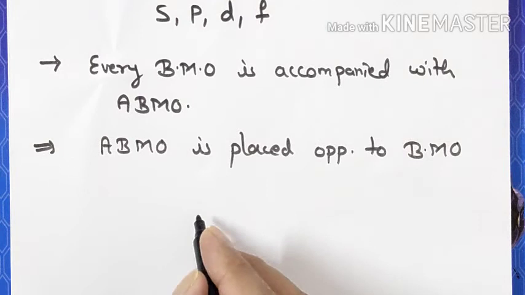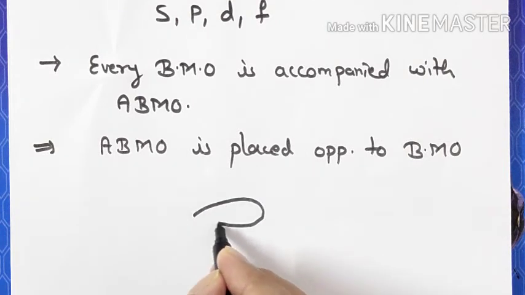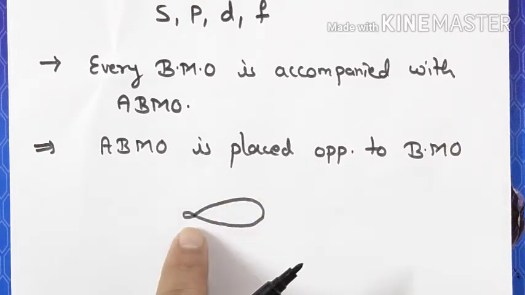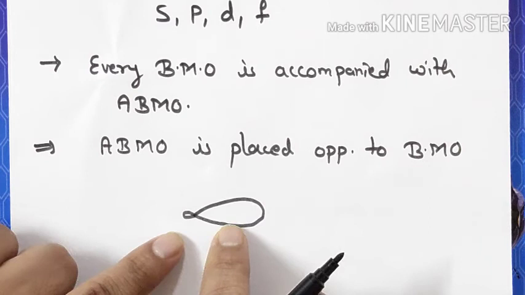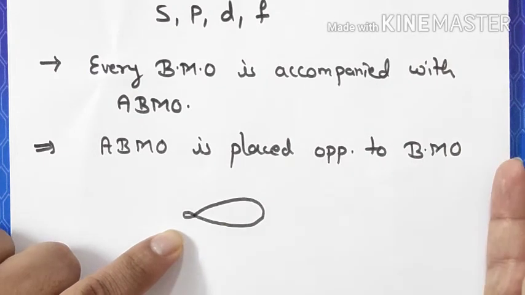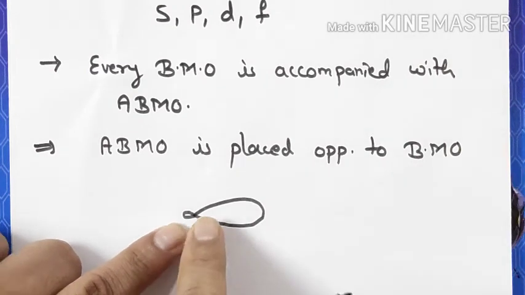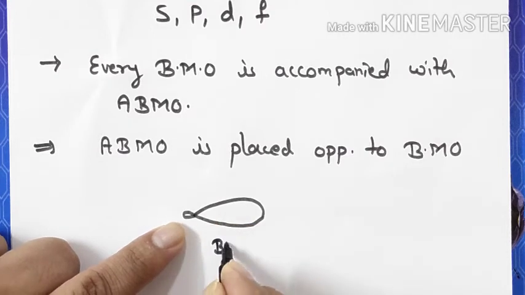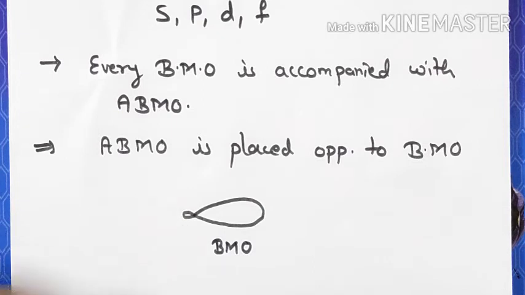Students, suppose this is one hybrid orbital, of carbon or whatever, and it is going to form a bond with something else. Because it is going to form a bond, I will say this is a bonding molecular orbital.